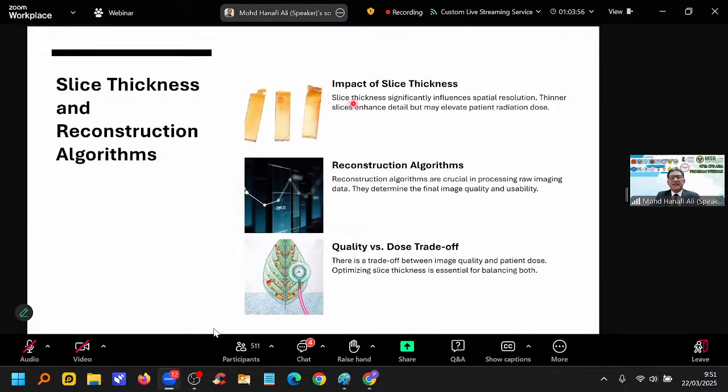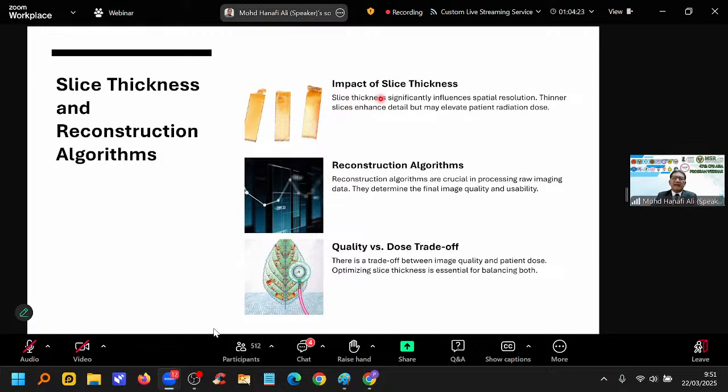Impact of slice thickness, very important here. Then we can say what options we have. If we have a smaller area of anatomy, and we need a very detailed structure with less contrast, then we have to use a smaller slice thickness. The impact of that is we have to increase the exposure parameters to compensate for the contrast and image quality.